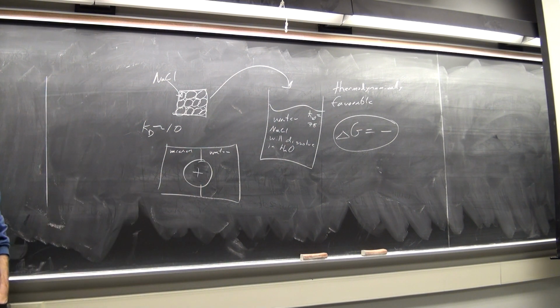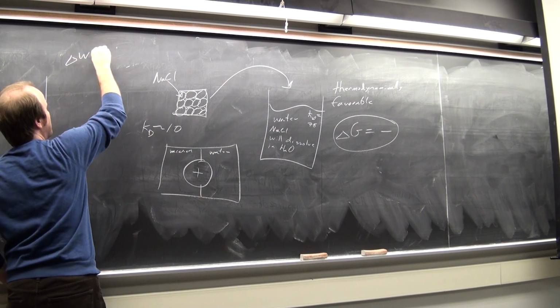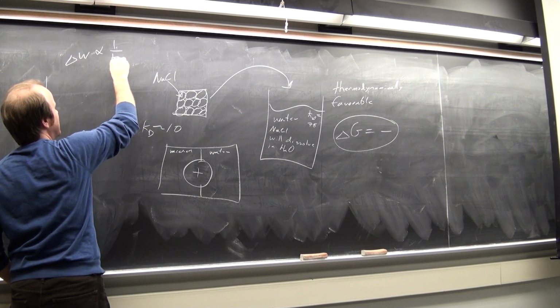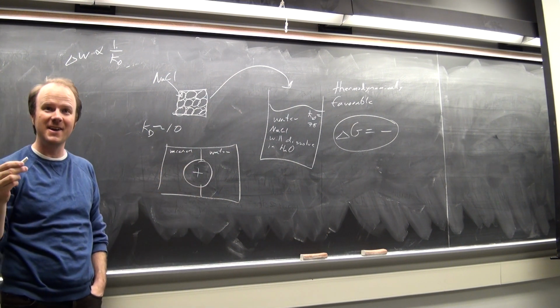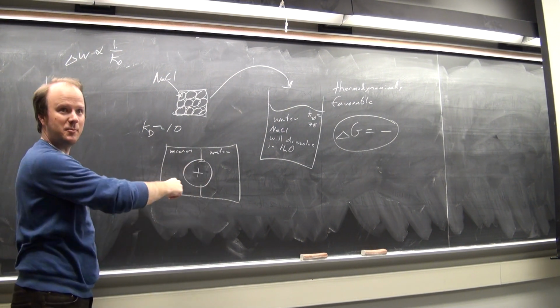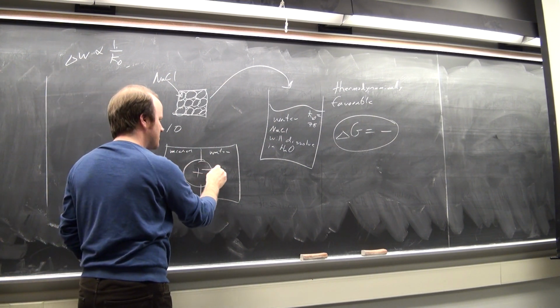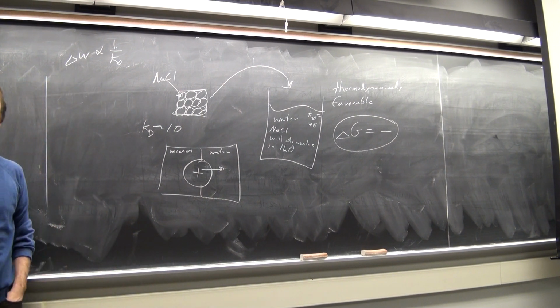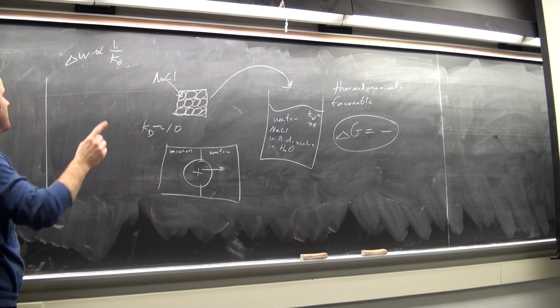Where's the Born energy higher for this ion? In vacuum or in water? Vacuum, right? Born energy is proportional to 1 over kD, right? So if you put the ion in the vacuum, the Born energy is high. If you put the ion in water, the Born energy is low. And so things will want to go to the lower energy state, and we know ions like to go into water.